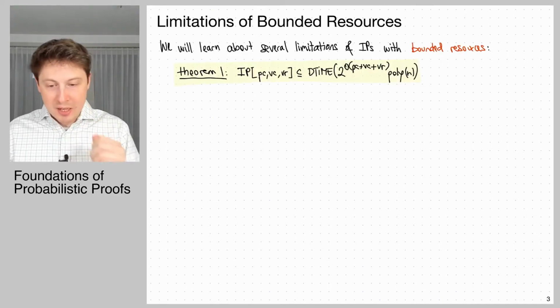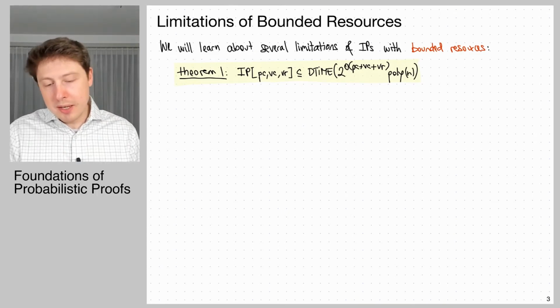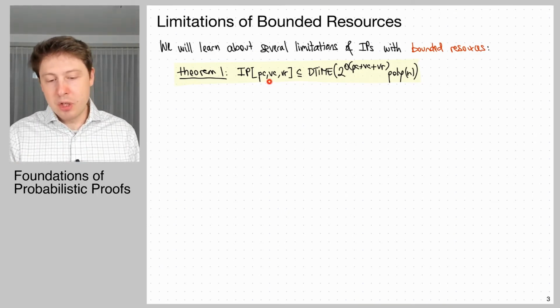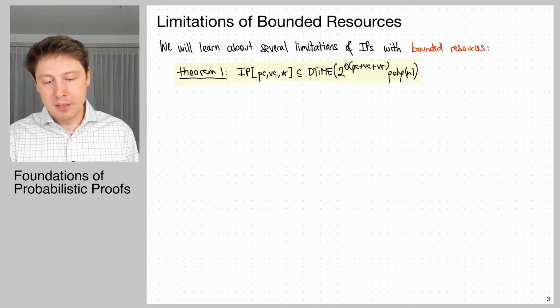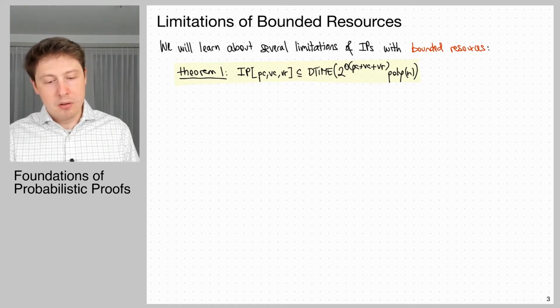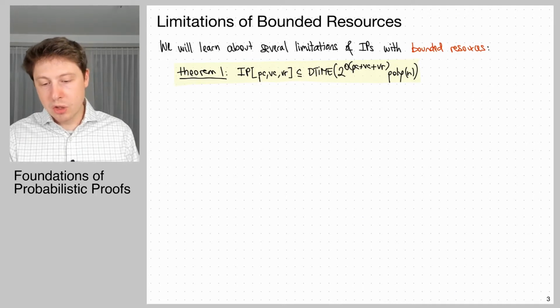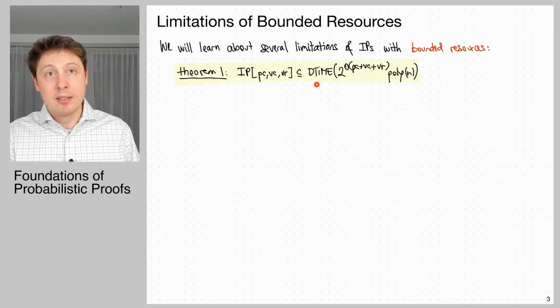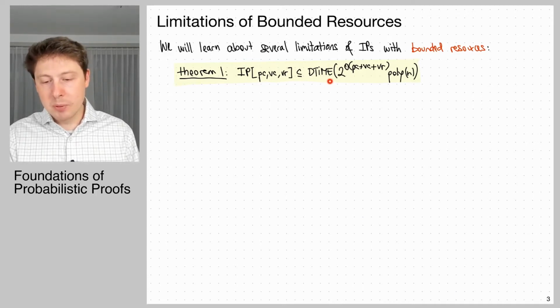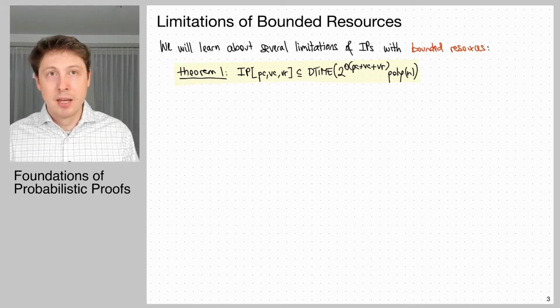Here's one. This is really the starting point. If we limit all 3 parameters, the prover communication, verifier communication, and verifier randomness, then any language in this class can be decided in time that is exponential in these parameters, times some polynomial factor.